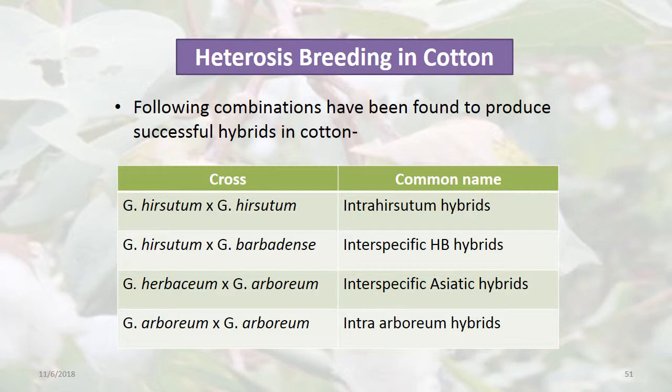Second is hirsutum × barbadense, this is interspecific HB hybrid. Then herbaceum × arboreum, a cross between diploid × diploid, this is interspecific Asiatic hybrid. Then arboreum × arboreum, that is intra-arboreum hybrids.